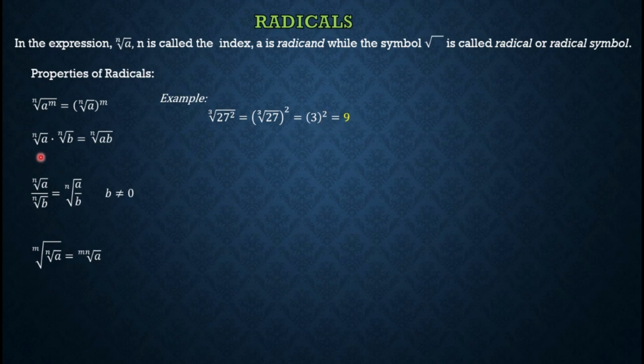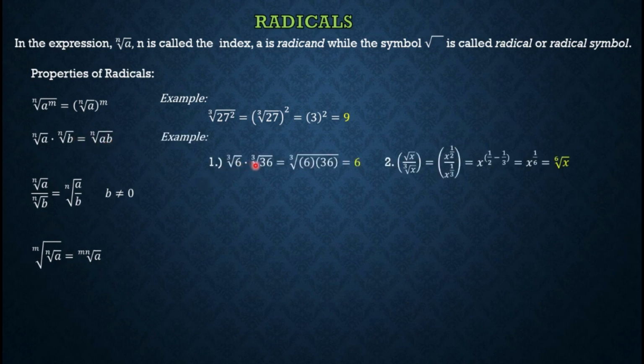Another theorem. N root of e times the n root of b is equal to n root of e times b. So for example, cube root of 6 times cube root of 36 is equal to the cube root of 6 times 36, so equal to 6. Another example, quantity of square root of x over cube root of x. So we extract first, we extract the square root, and then we know how to solve in terms of exponent.